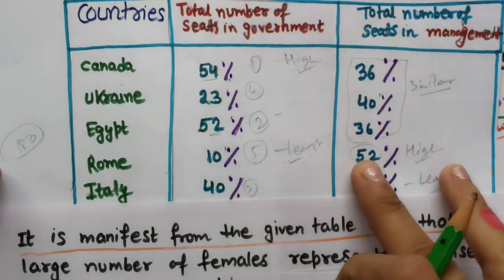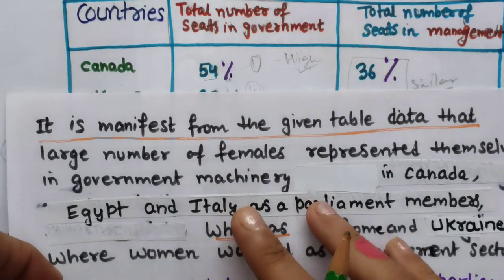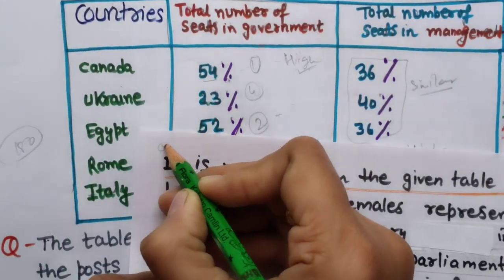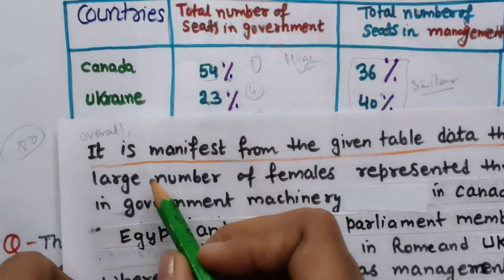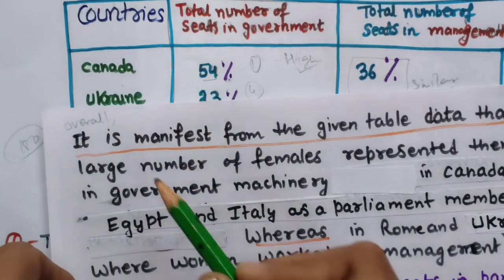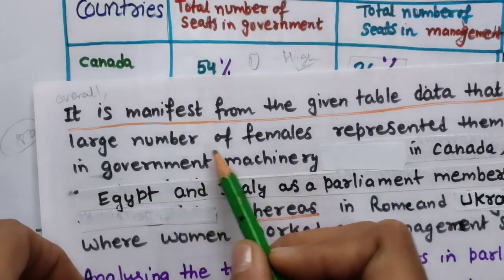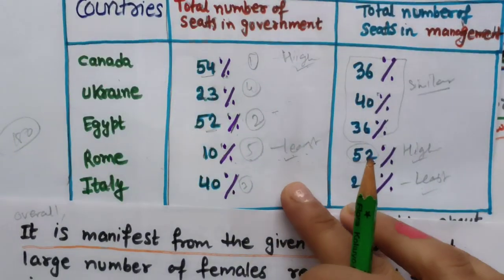As I told you how to start the overall paragraph: Overall it can be seen, or overall it is manifest. I forgot to write the word overall, or from the overall perspective you can start. Overall it is, comma. It is manifest from the given table data that a large number of females represented themselves in government machinery. See this.